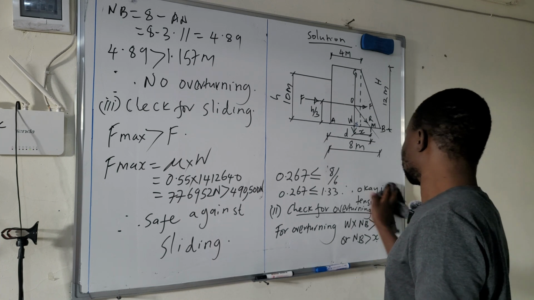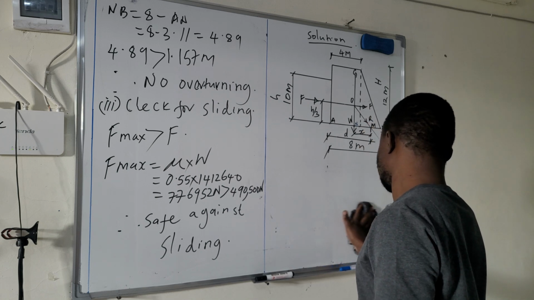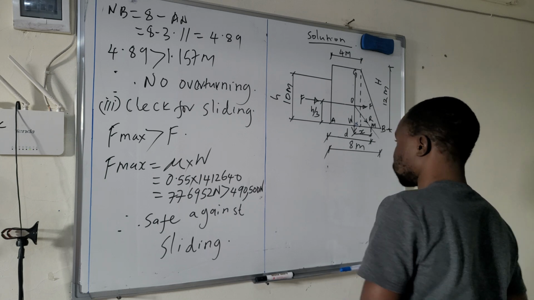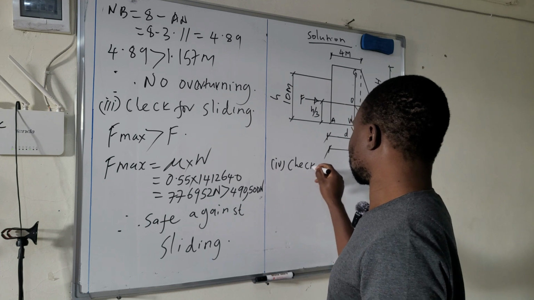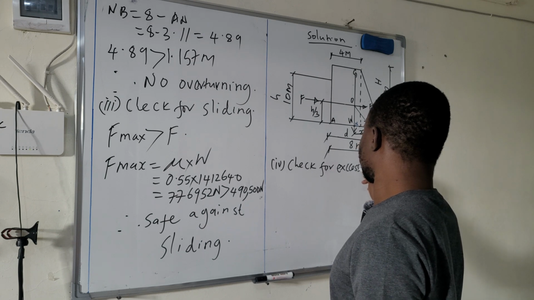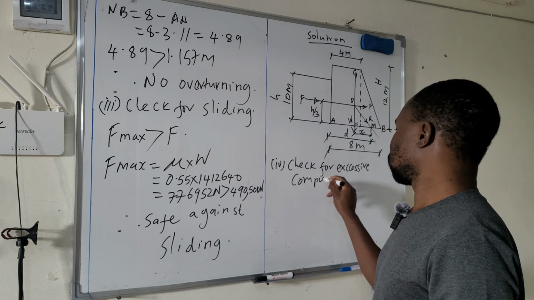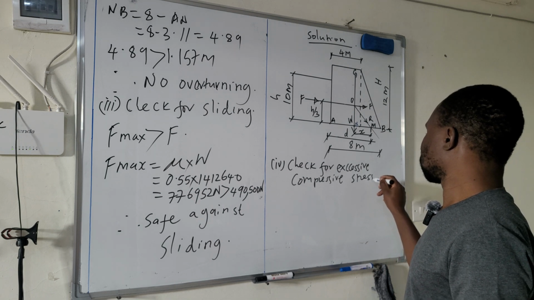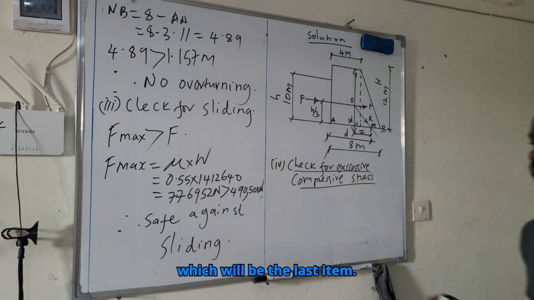So Roman number 4, check for excessive compressive stress, which will be the last item.